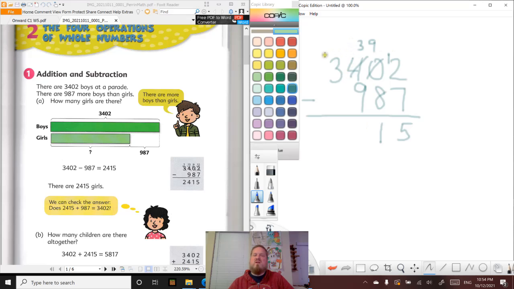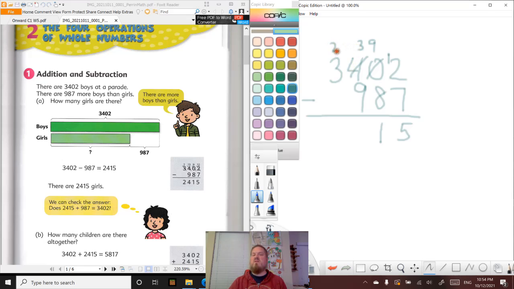So we know that we have 3 1,000s. But 3 1,000s is the same as 2, oops, I wrote that too big. It's the same as 2 1,000s and 10 100s.